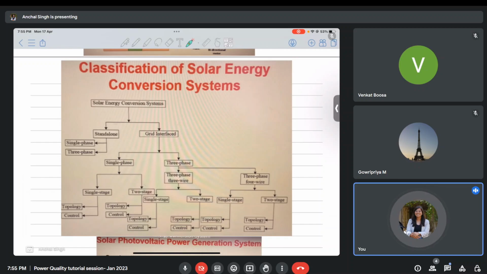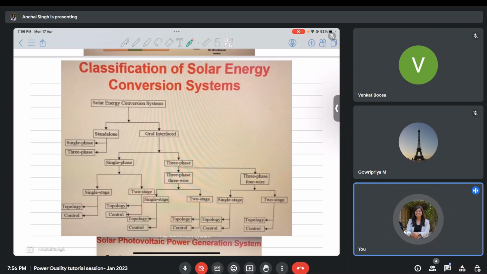And if you talk about grid interface, then you could interface it either to a single phase grid, as we normally do in the case of rooftops, or we could interface it with three phase, which we do in the case of solar parks. For single phase, you could do either a single stage connection or a two stage connection.